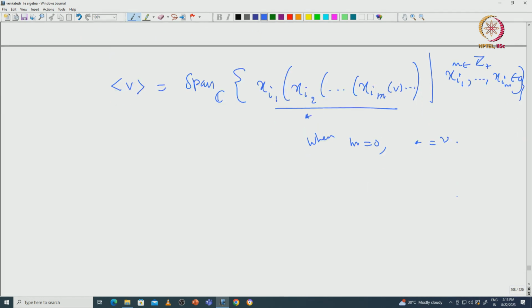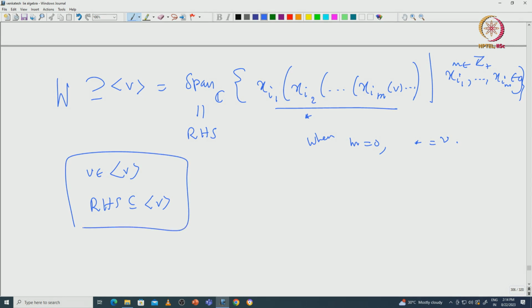So, in that sense you can see that this sub-representation of W generated by V is given by the span of this. So, first of all, by taking m equal to 0, you get V in this sub-representation generated by V. Okay, and it is clear that the right hand side should be a subset of this sub-representation generated by V. Okay. So, this is easy to check.